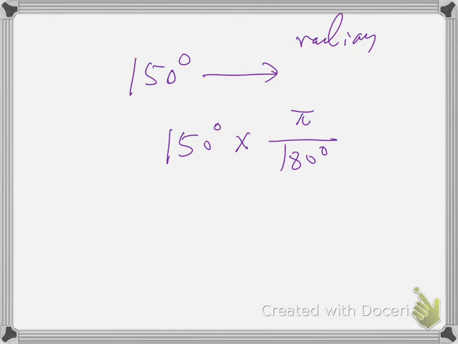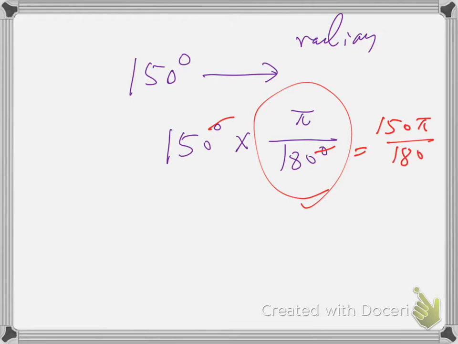Pi is 180, so this part is essentially the number 1, but it changed degrees to radians. The degree measure cancels, so you get 150 pi over 180. Then cancel common factors: cancel 10 and then cancel 3. So this is 5 over 6. So 150 degrees is 5 pi over 6.